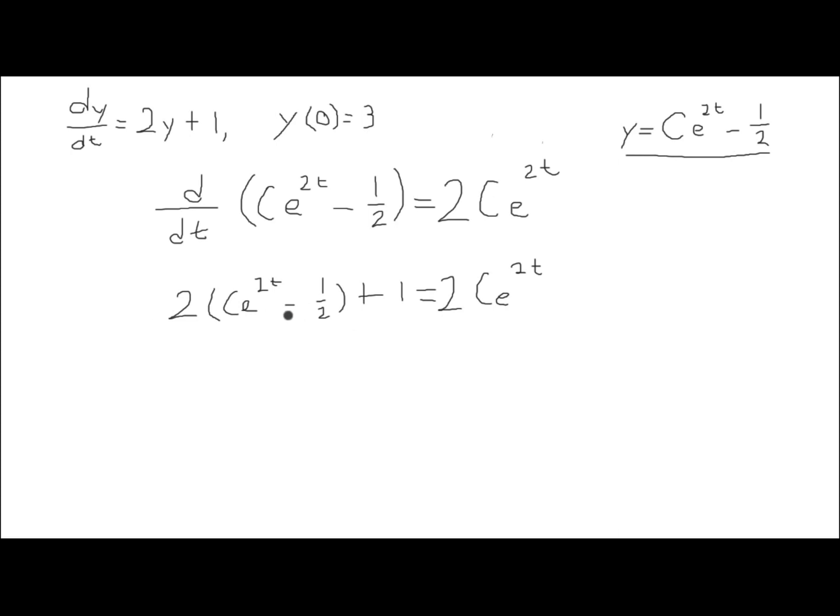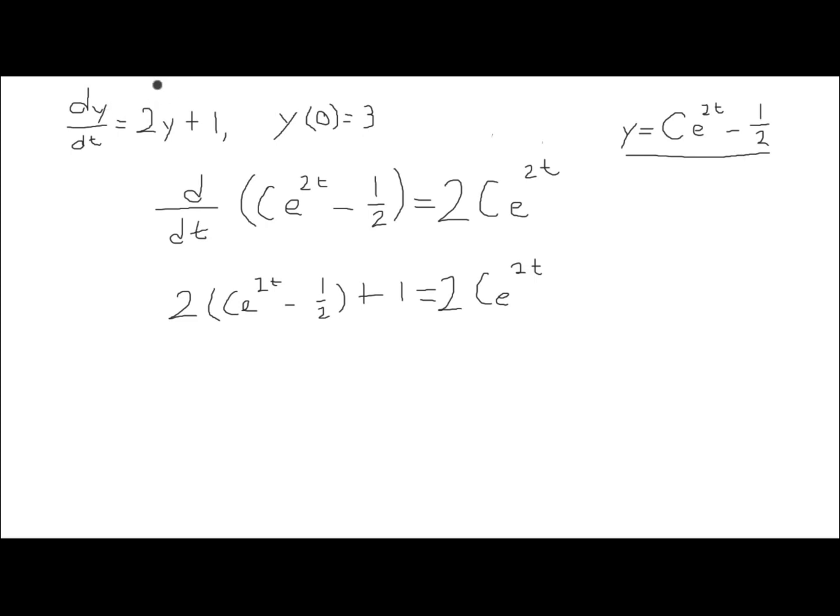And 2 times negative 1/2 is negative 1. And then add plus 1, and this just equals 0, so we can cancel those out. And we can see here that our two results are exactly the same. So this is a general solution for the derivative.